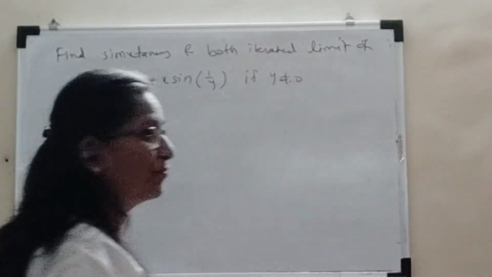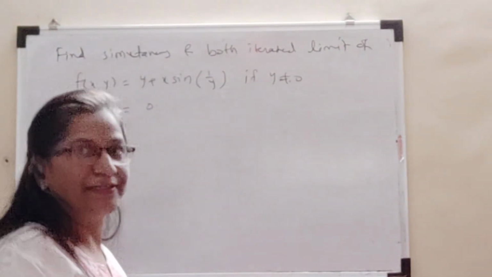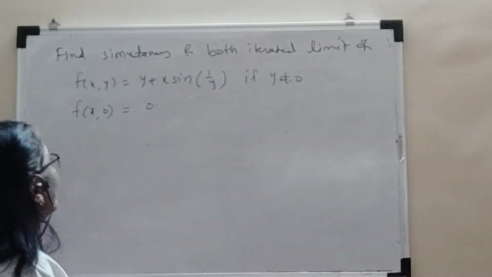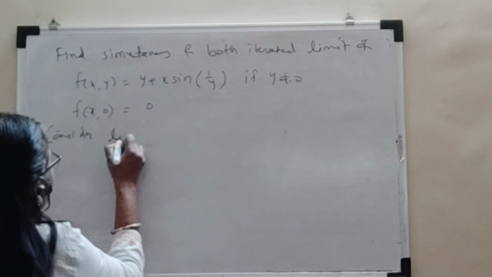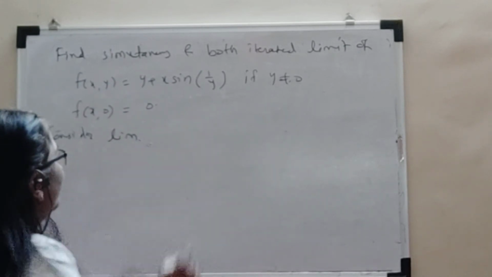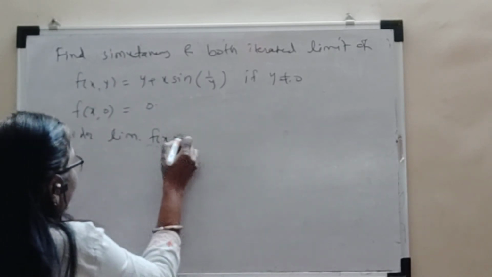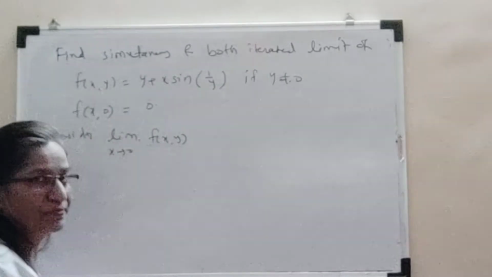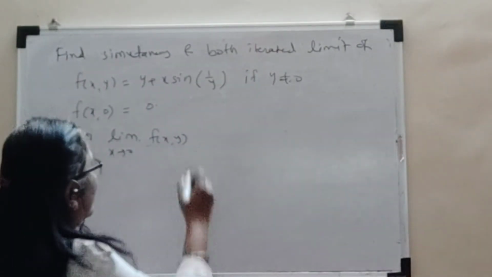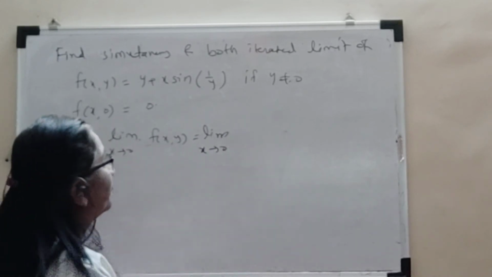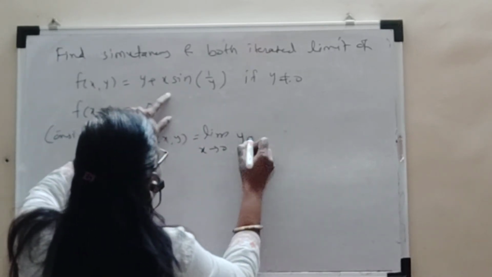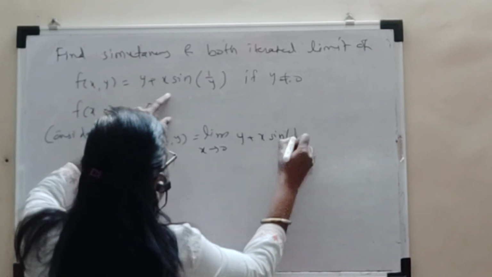So, first of all we try to find the iterated limit. First consider the limit of f of x, y when x tends to 0. That is nothing but the limit when x tends to 0 of y plus x into sine of 1 by y.